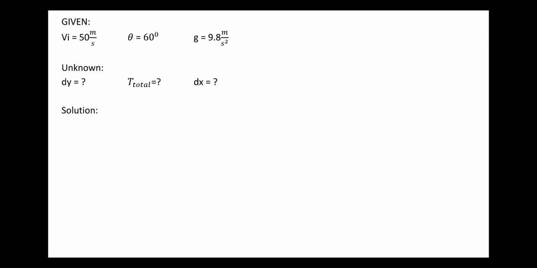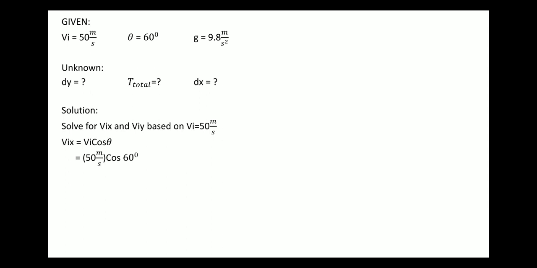For the solution, let us first solve the Vix and Viy based on the value of Vi. The formula for Vix is Vi cosine theta. Substituting the values, Vi is 50 meters per second multiplied by cosine of 60 degrees.